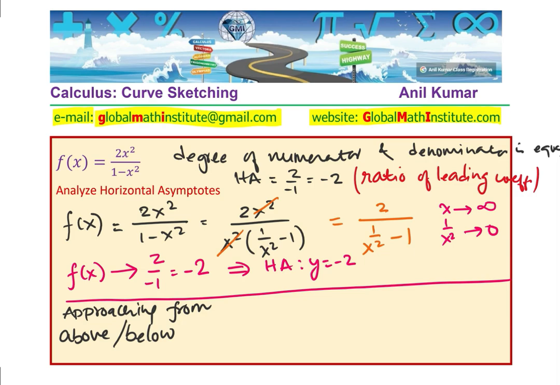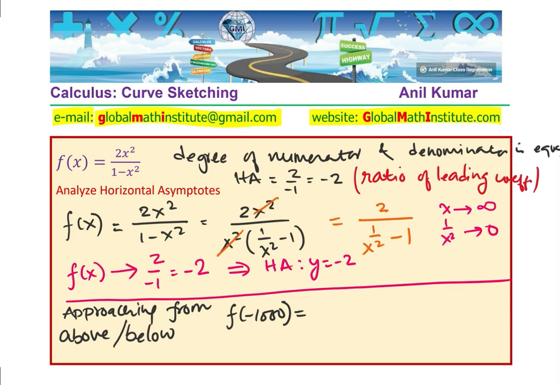Okay. Now there are many ways to do it. Best and easiest way is to use your calculator and substitute a value. Let's say f of minus 1000, right? If you put f of minus 1000 here, what value do you get? So let's calculate and find the decimal value. We have 2 times 1000 squared. The numerator is positive, right?